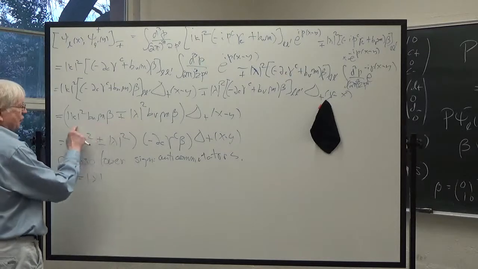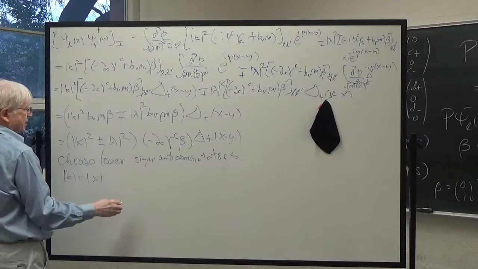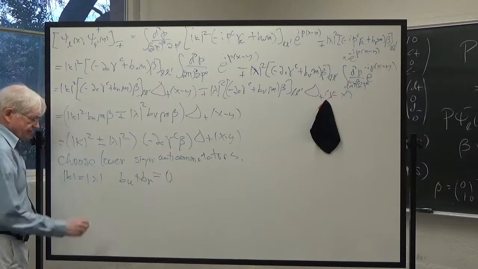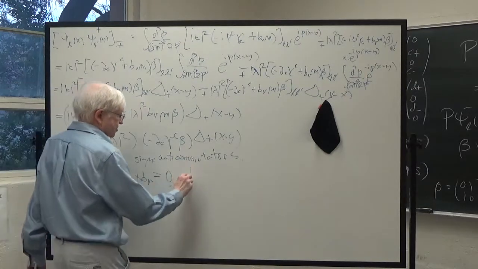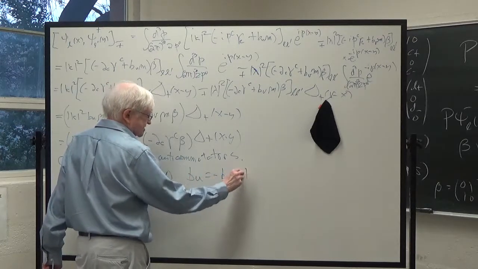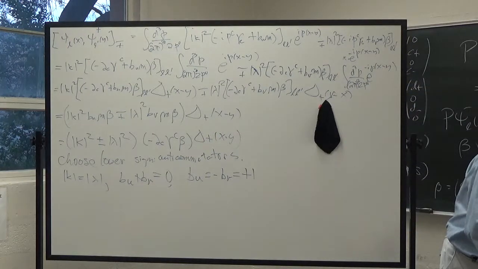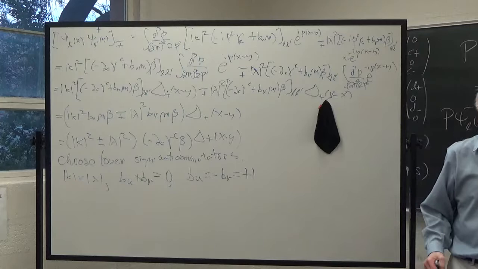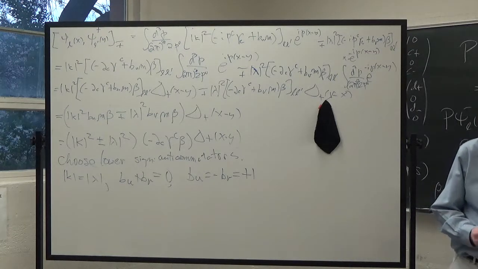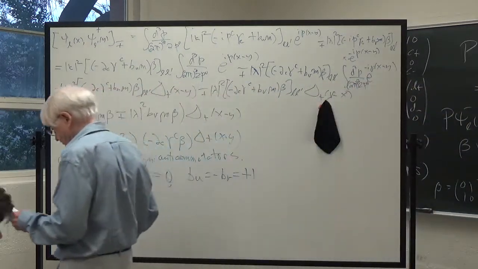But then if we've got the lower sign, we've got kappa equal to lambda, and the m and the beta, we see we've got bu plus bv equals 0. So we have to have that bu is minus bv, and we can set it equal to plus 1 just by choosing an overall phase for the field. So that gives us a final expression for the Dirac field.